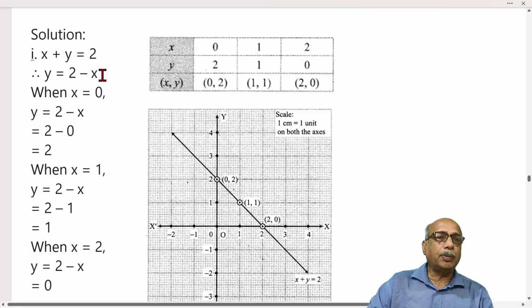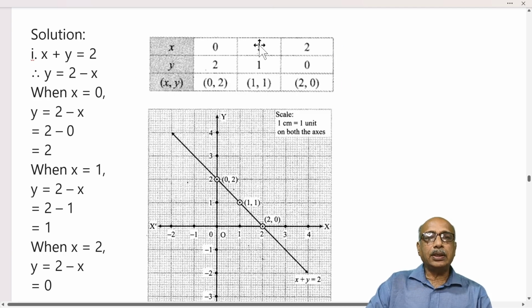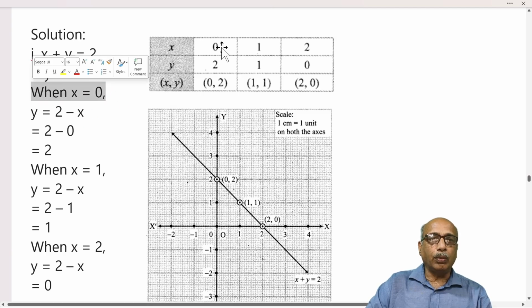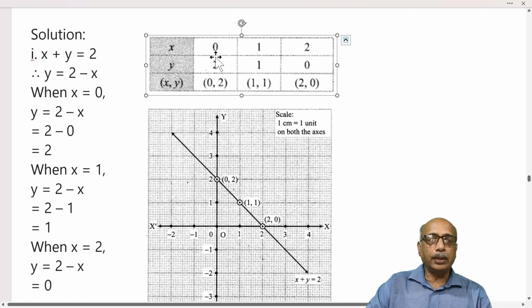So here x plus y equals 2, y equals 2 minus x. You have to make a table like this, x and y and the xy coordinate. Suppose I have taken x equals 0. Then simplify, you will get y equals 2. When x equals 0, y equals 2. When x equals 1, y equals 1.